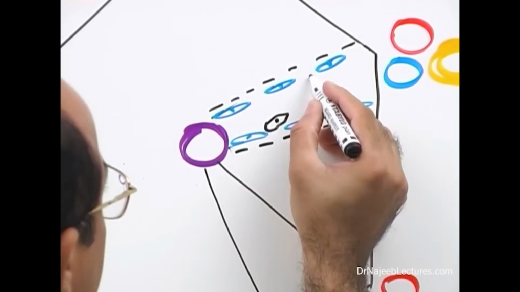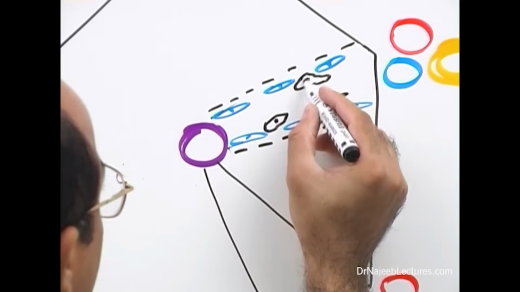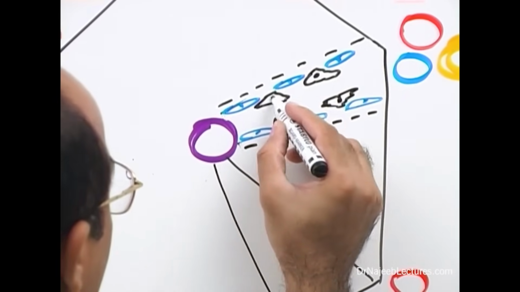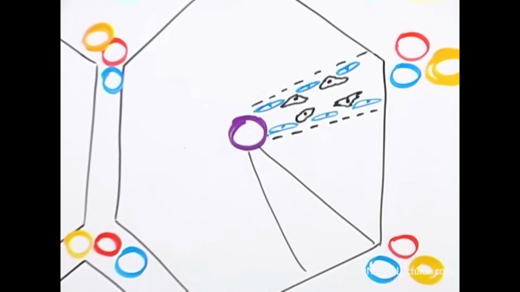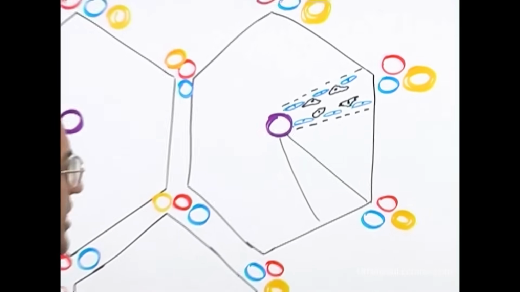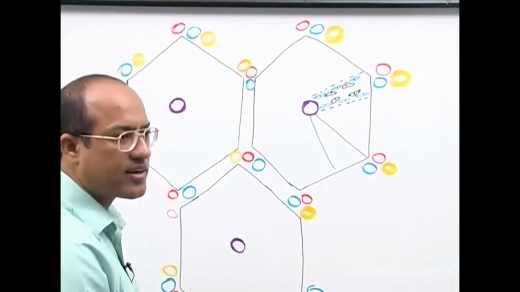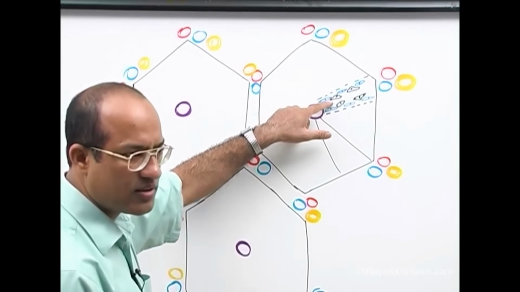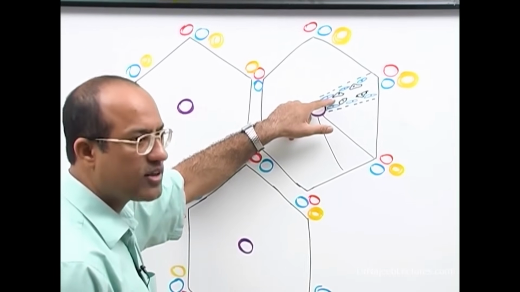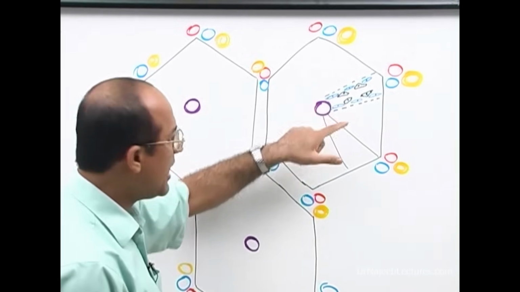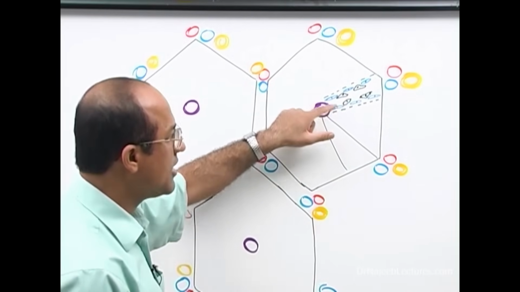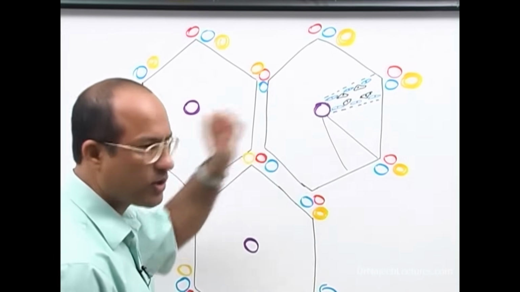Kupffer cells are derived from circulating monocytes or macrophages. Kupffer cells are in fact the fixed macrophages present in liver sinusoids, and along with the endothelial cells, Kupffer cells are also lining the sinusoids.